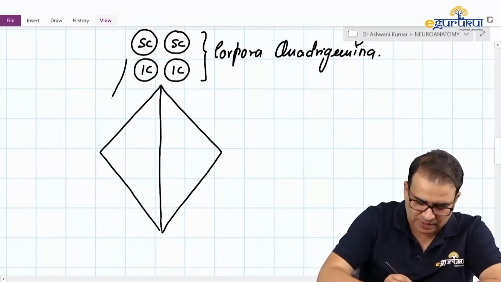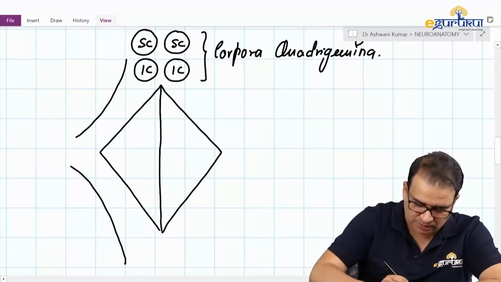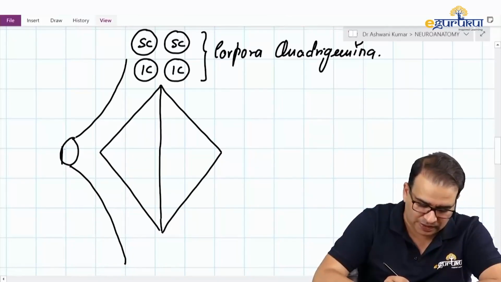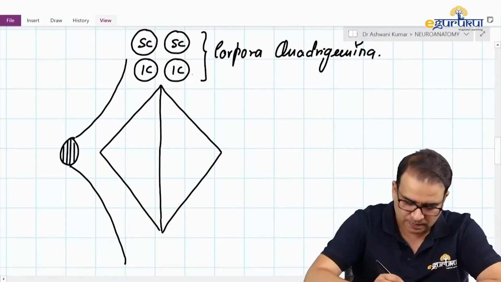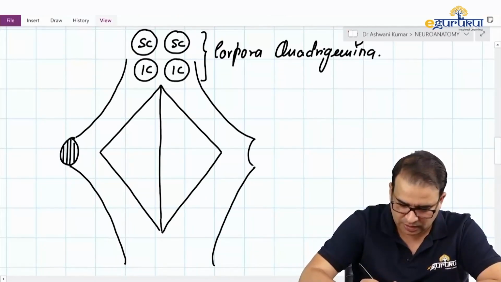So we got a superior cerebellar peduncle converging downward. This is the inferior cerebellar peduncle. There we go. This is inferior going above and then meeting with the middle cerebellar peduncle, which is more laterally placed here. Superior, inferior, and that is the middle cerebellar peduncle.